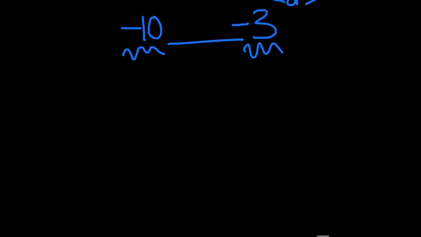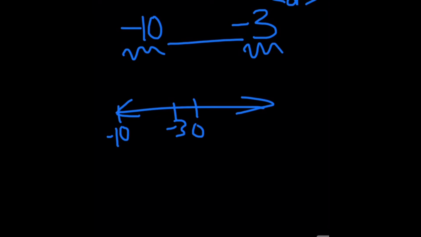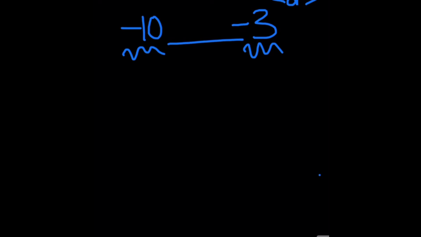If I put them on a number line, this is 0, this is -3, and over here probably -10. This one's only 3 units away from 0, and this is like 10 units away from 0. So -10 is less than -3.